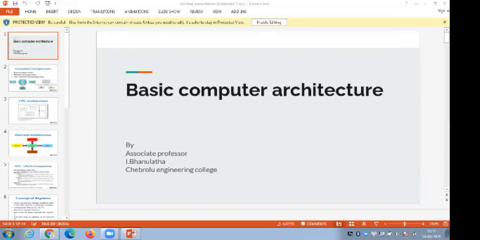And today I'm discussing the basic computer architecture. Today the topic is the basic computer architecture. Now coming to the slide, what is the basic computer architecture?